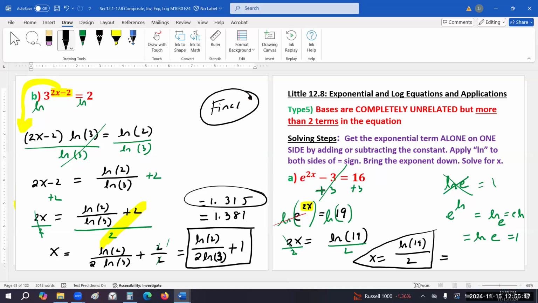I think it's 1.472. Oh, this is easy. In the book, they should have put logarithm first and then exponential, because in the exponential, we are using all the properties of the log. They did the opposite.